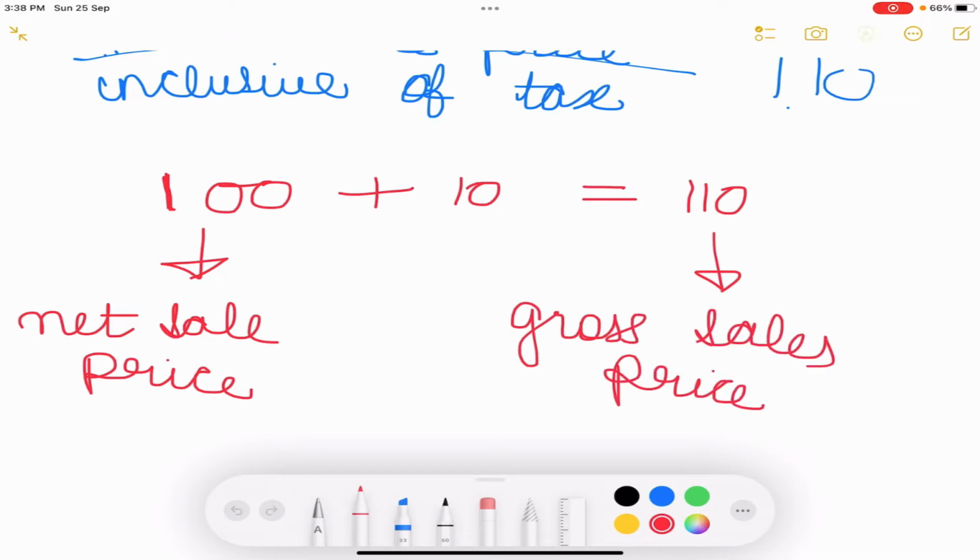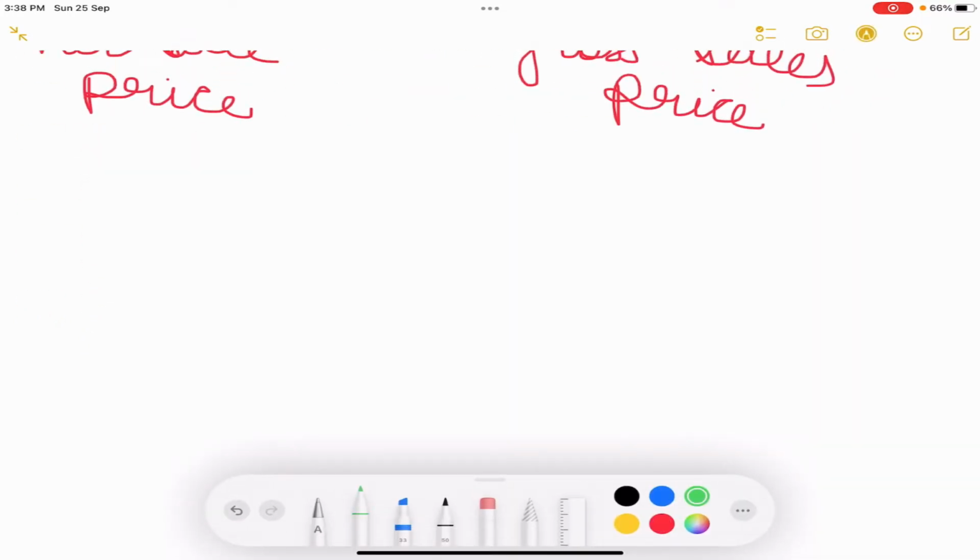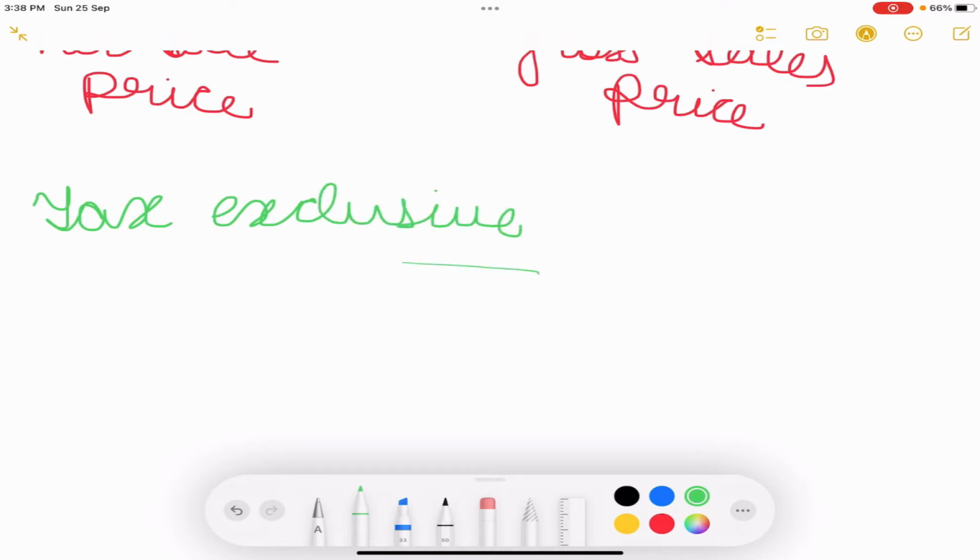Now let's move on. So now you need to keep in mind two formulas. In the question, if you have a tax exclusive value, so now you know what tax exclusive is. What is tax exclusive? When tax is not there, then it means it is the net sale price, right?